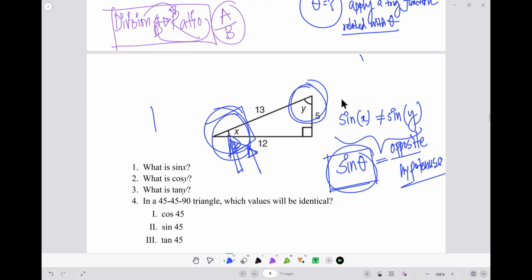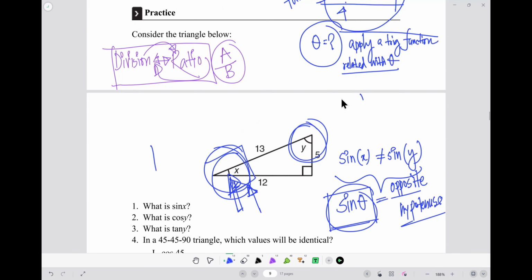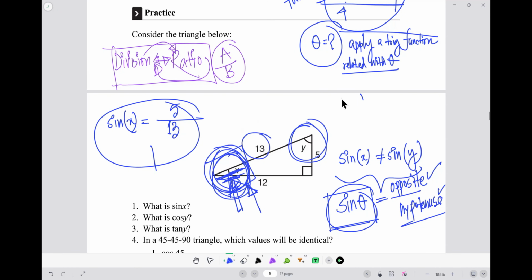So for this right triangle, sine x would be the opposite side divided by the hypotenuse side. What is the opposite side for this angle x? The opposite side is 5, divided by the hypotenuse side. The hypotenuse is 13. So sine of x is 5 over 13.